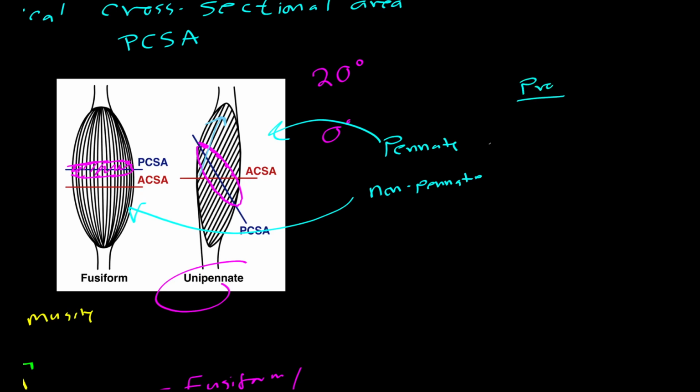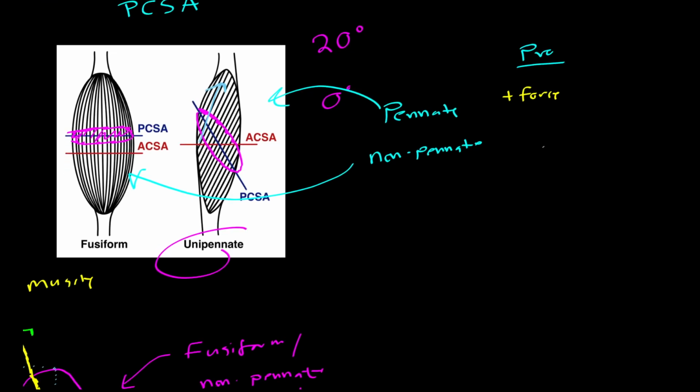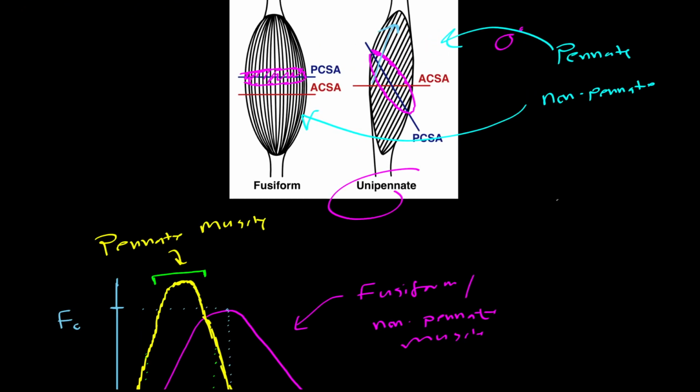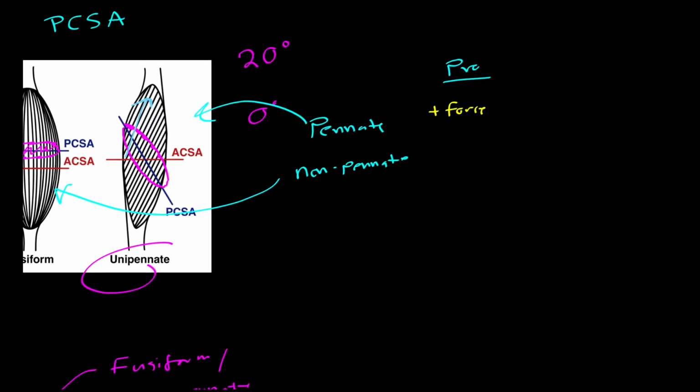Pros for the pennate muscle. More force, right? Because we can pack more fibers into the same area. Also higher, and you see that here, right? Bigger isometric force. We could also just say like plus F naught. That would be a bigger number.